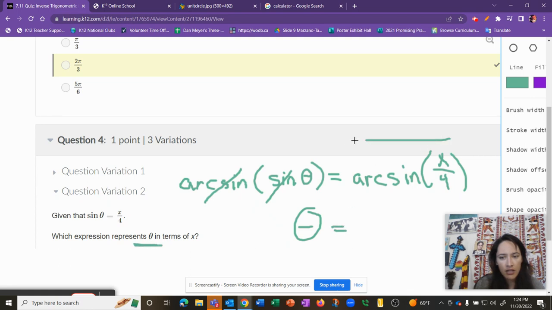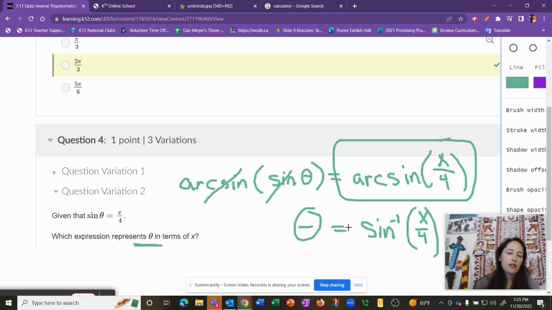Theta equals the arc sine of x over 4. We can also write this as the sine inverse of x over 4. Okay, and that's all we're doing.